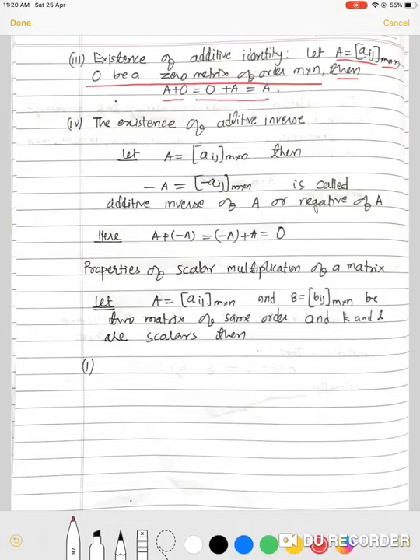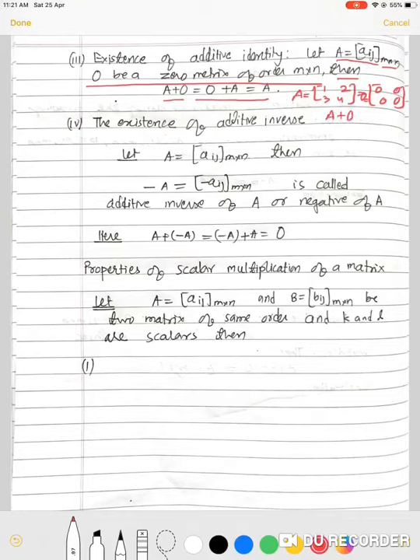It is clear that suppose A is equal to 1, 2, 3, 4 and O is equal to 0 0 0 0, then what happens?